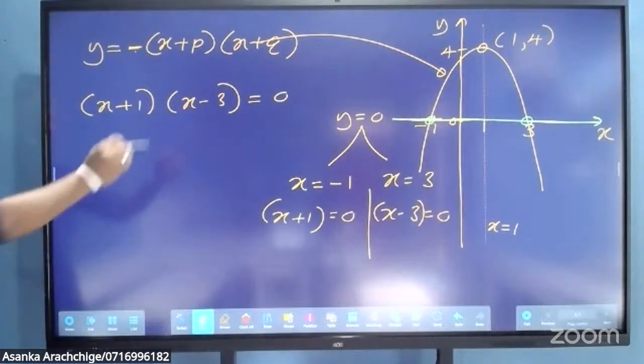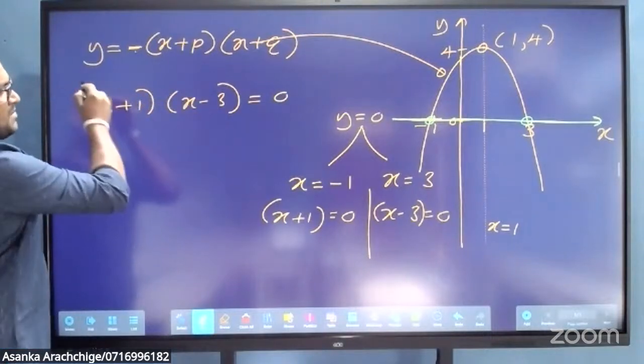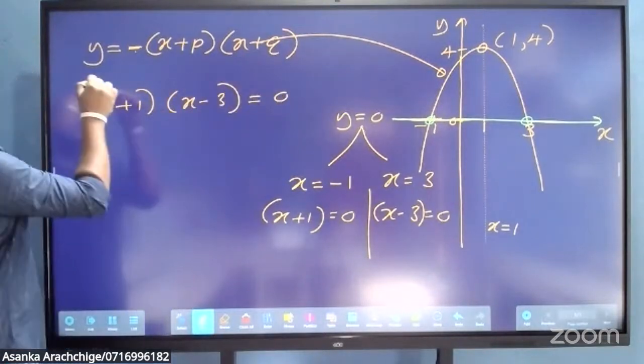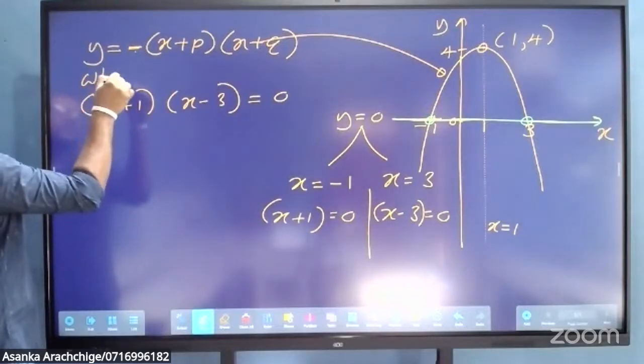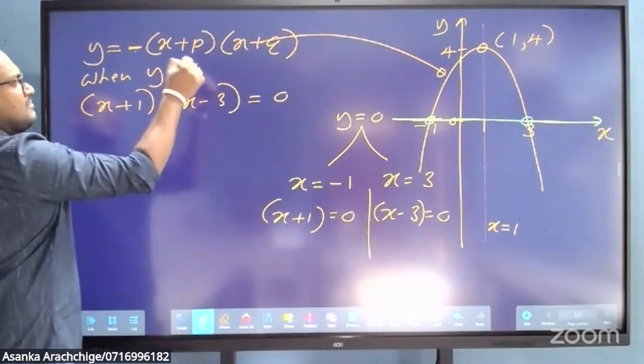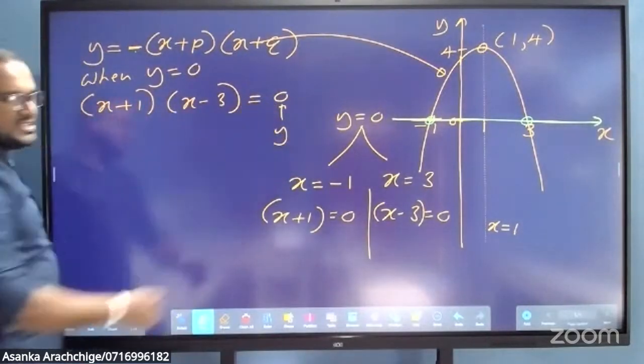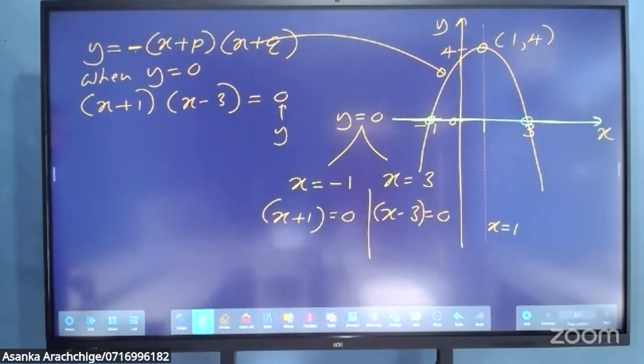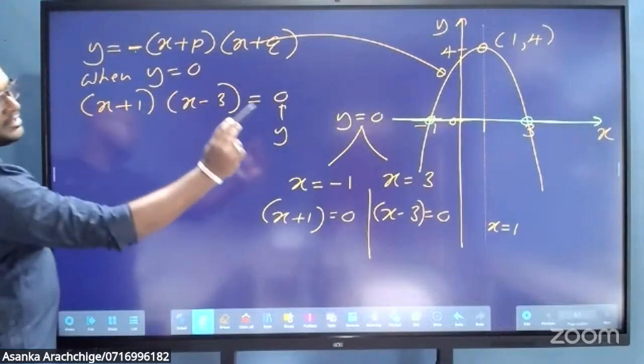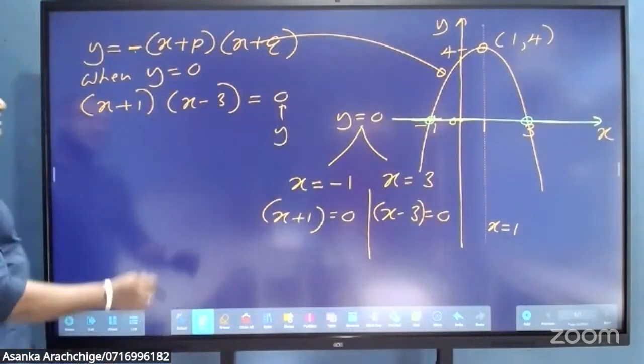තේරුණාද? This happens when y is equal to 0. දැන් මෙයා තමයි y බිංදුව වෙච්ච වෙලාව. Understood? But this is a parabola with a maximum point.